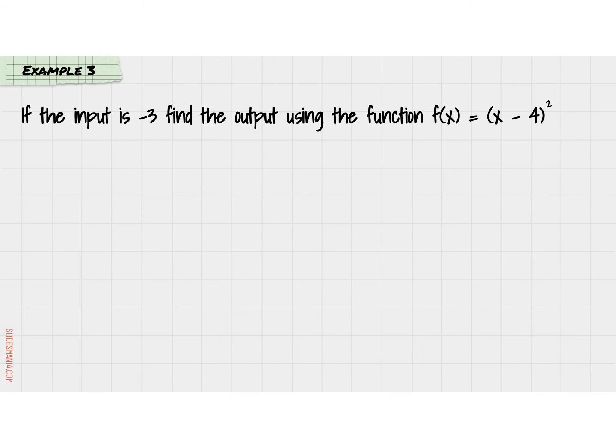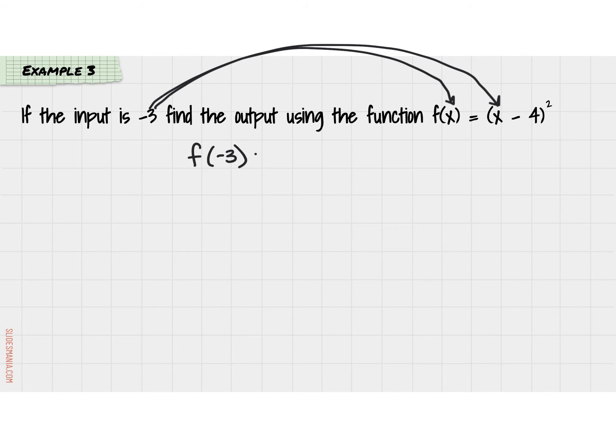Again, this is titled example, therefore you don't copy it, you just listen and you watch. It says if the input is -3, find the output using the function f of x equals x minus 4 squared. That means that wherever I see an x, I'm replacing it with -3. So I have function of -3 is equal to -3 minus 4 squared.